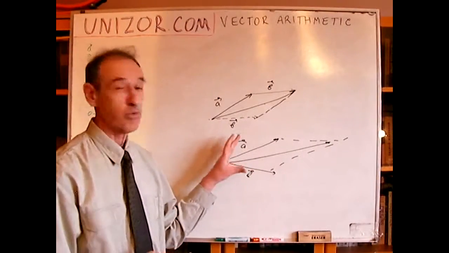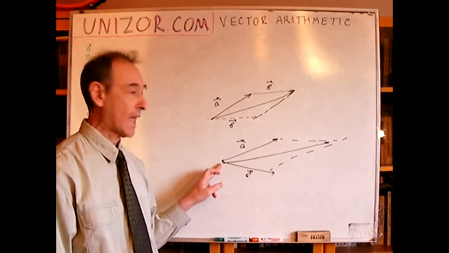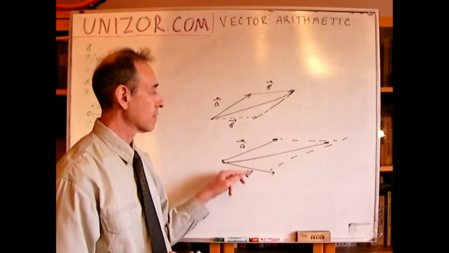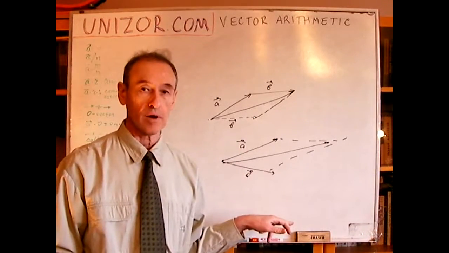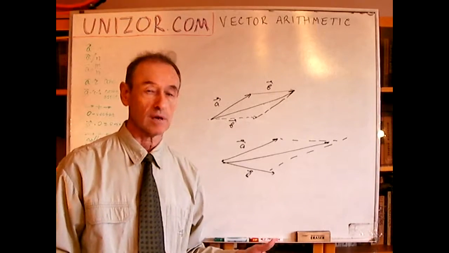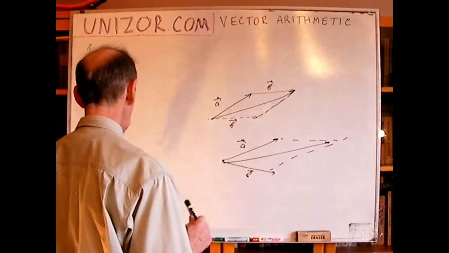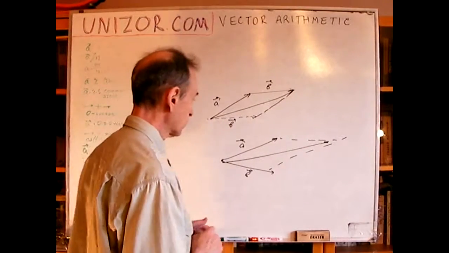That's how we add forces together. If you have two forces acting on the same object at different magnitudes and different directions, what's the resulting force? Well, that's the rule of parallelogram, because that's exactly how vectors are added together. So we found how to add two vectors.